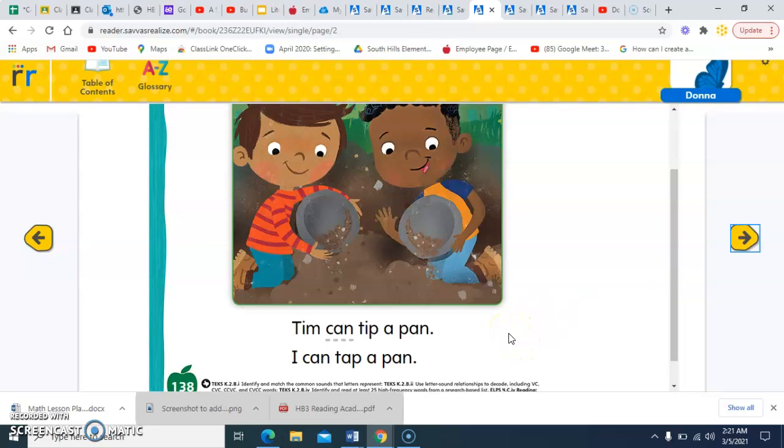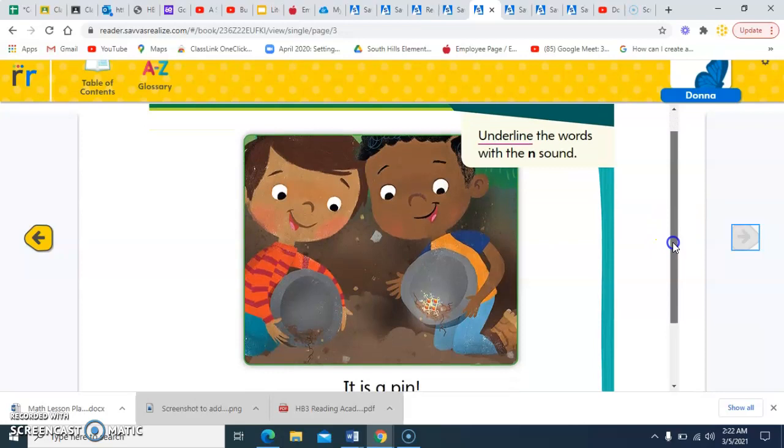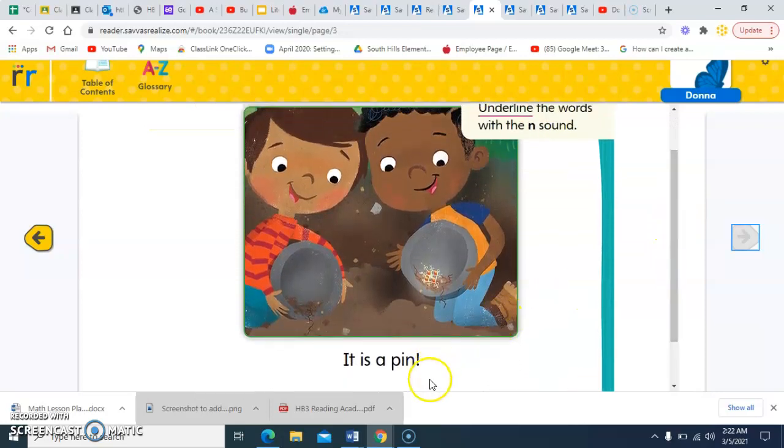And I'll point to the words and see if you can sound them out and see how much of the sentence you can read before I go back and read it. Ready? Next sentence.